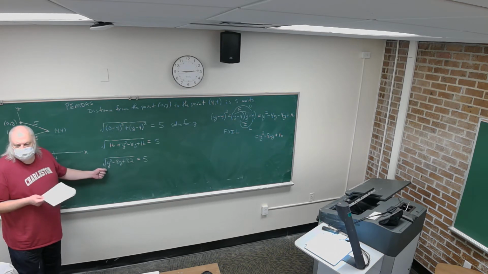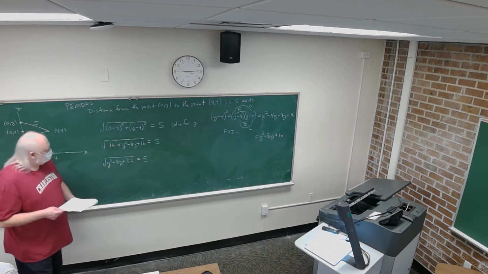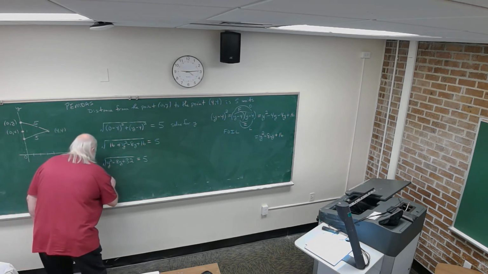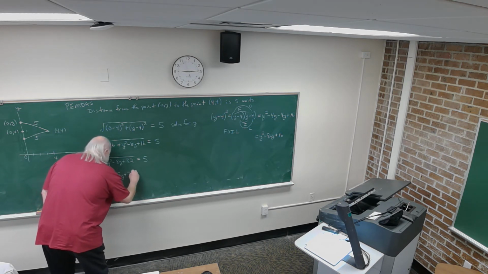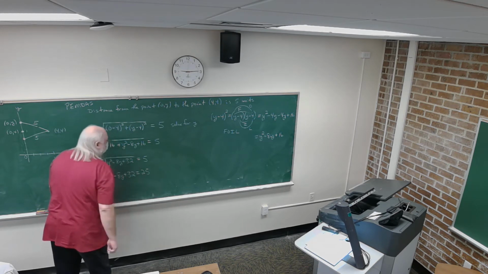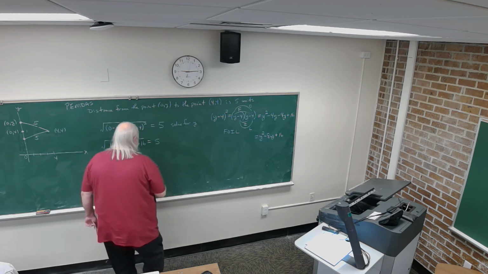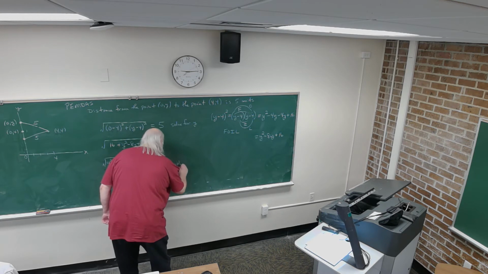What gets rid of the square root on the left-hand side? So yeah, we square both sides of the equation. We have y squared minus 8y plus 32 is equal to 25. So in this step, I square both sides.